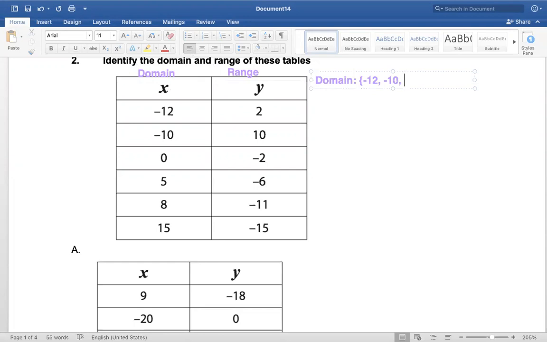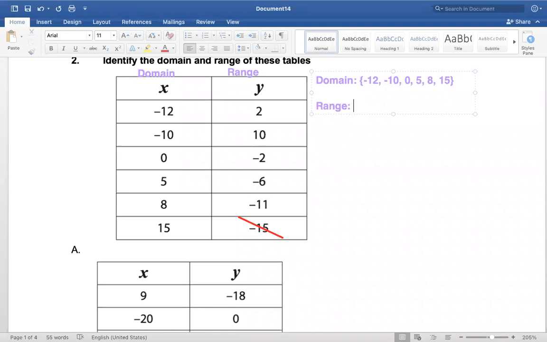-12, -10, 0, 5, 8, 15. My Y's, on the other hand, are not. They look okay at first. 2, 10, then it jumps down to -2. So I'm going to look to see, where's my smallest number? That's going to be that -15.